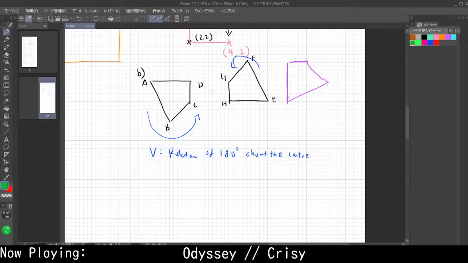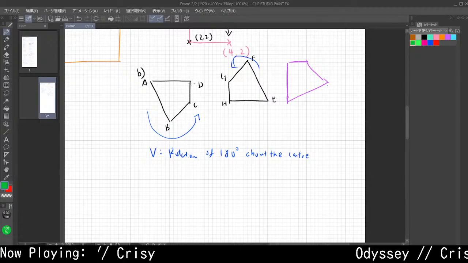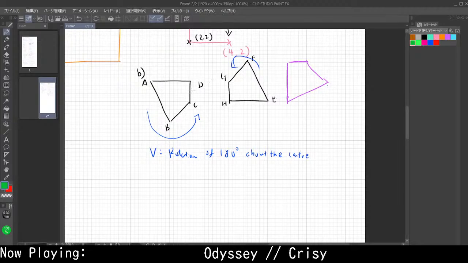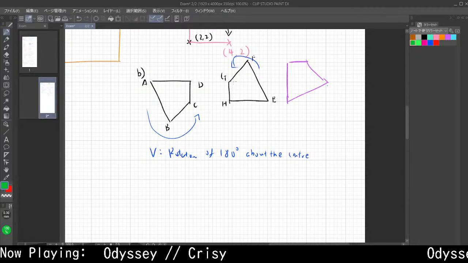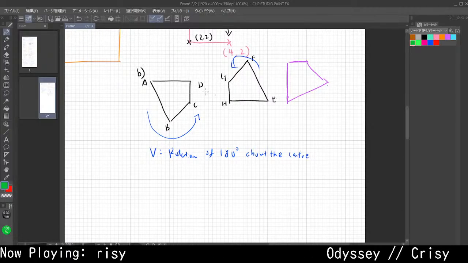Okay. In this case, your point D corresponds to point H, because when you spin it like this, your shortest line, your DC, still retains its GH over here. It's just that it's flipped over. Therefore, your D corresponds to your H.